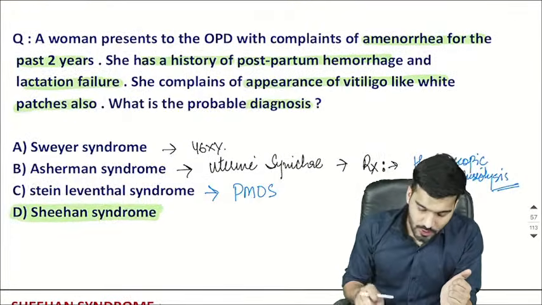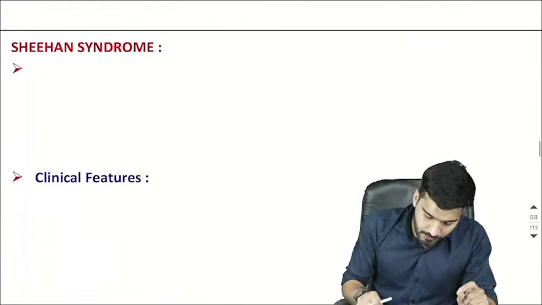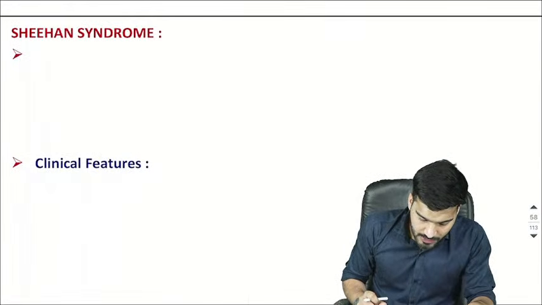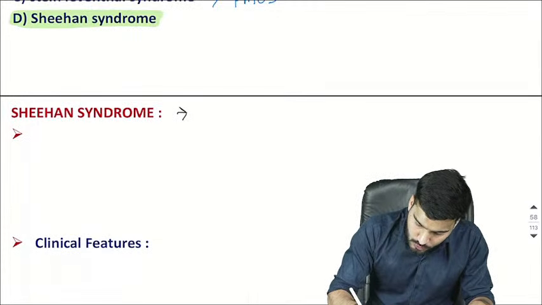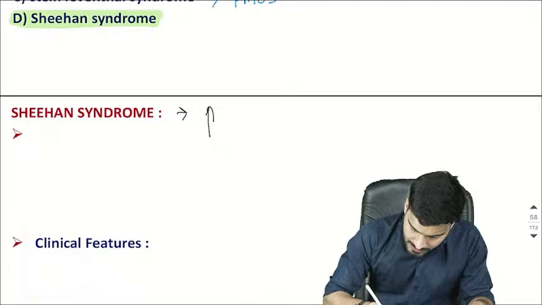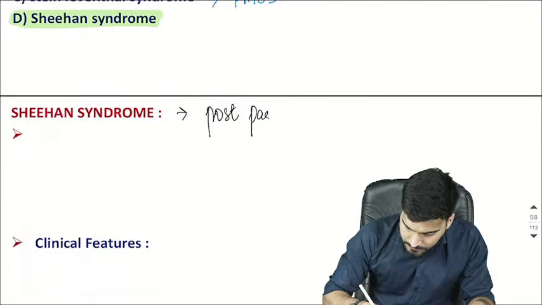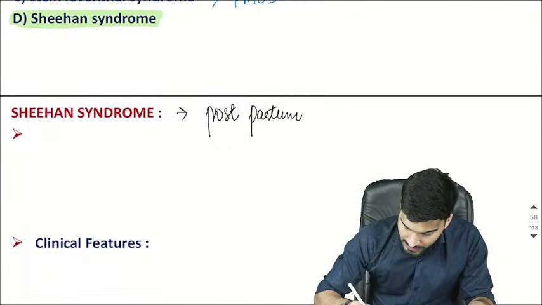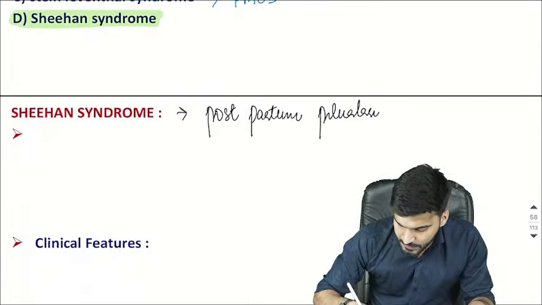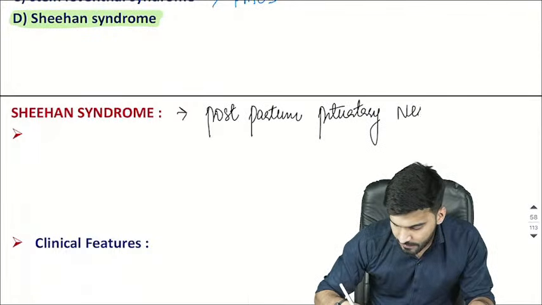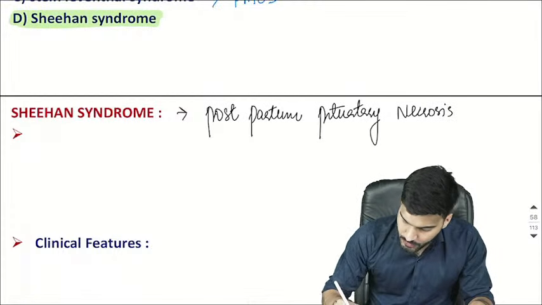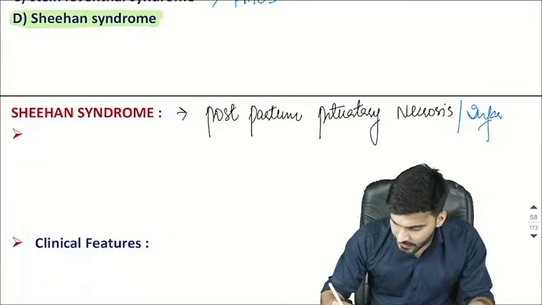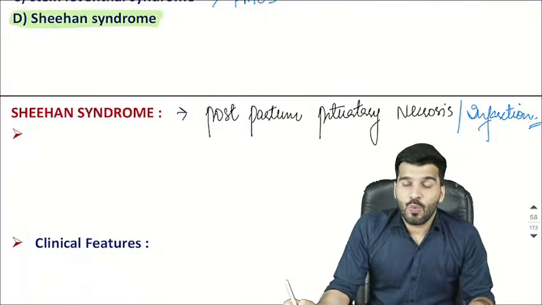Okay, now that's all about Sheehan syndrome. Now if we define Sheehan syndrome, it is also called postpartum pituitary necrosis, or postpartum pituitary infarction, because there is a decreased blood supply. Now what is the reason for this?